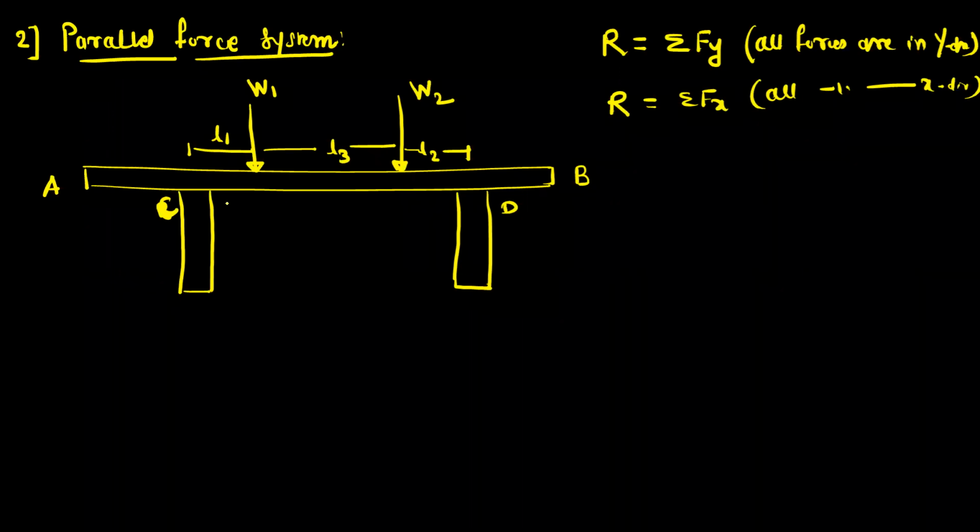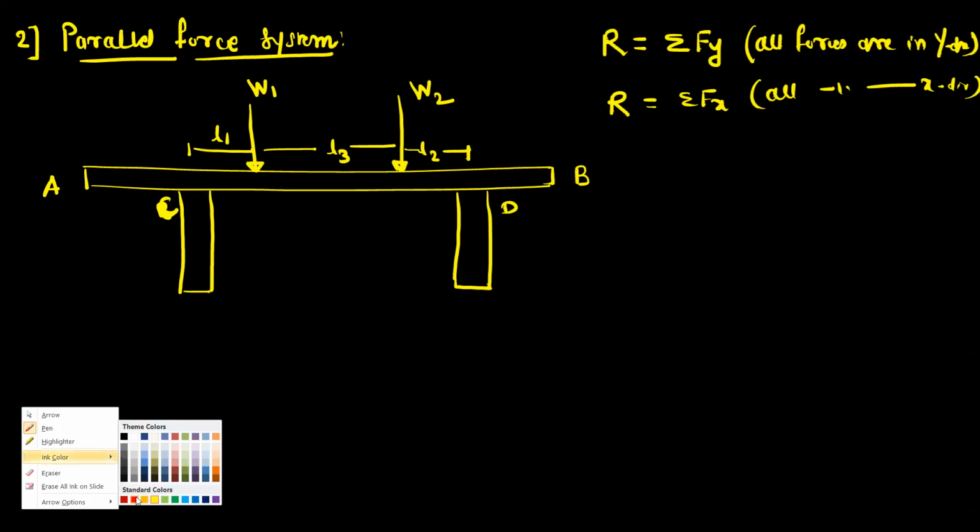Now for this system, all the forces W1 and W2 are acting in the y direction. But W1 and W2 are not the only forces present in the system. Two more forces are there, and these forces are nothing but the reactions offered by the supports.